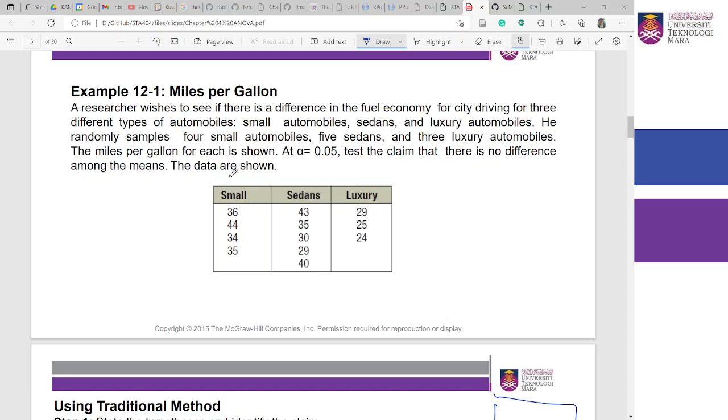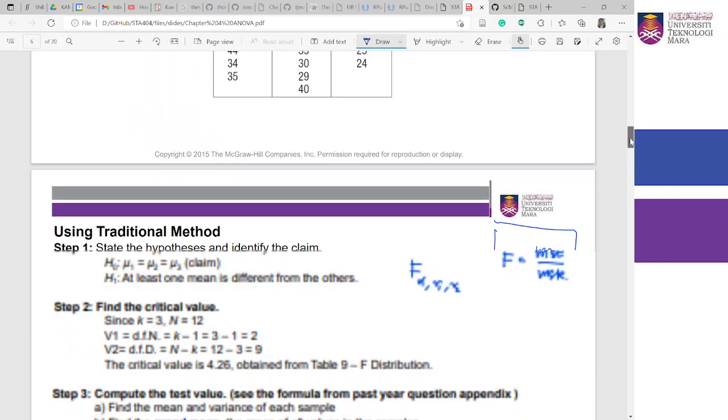So for small, sum all these values divided by 4. For sedan, sum all the values in sedan and divide by 5. And for luxury, sum all the mileage values for the luxury cars and divide by 3. So you have the mean for each of the groups. That is what you have over here.